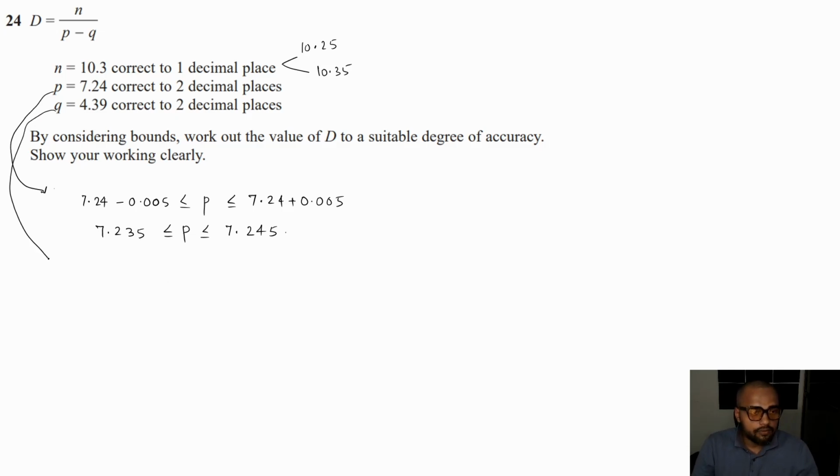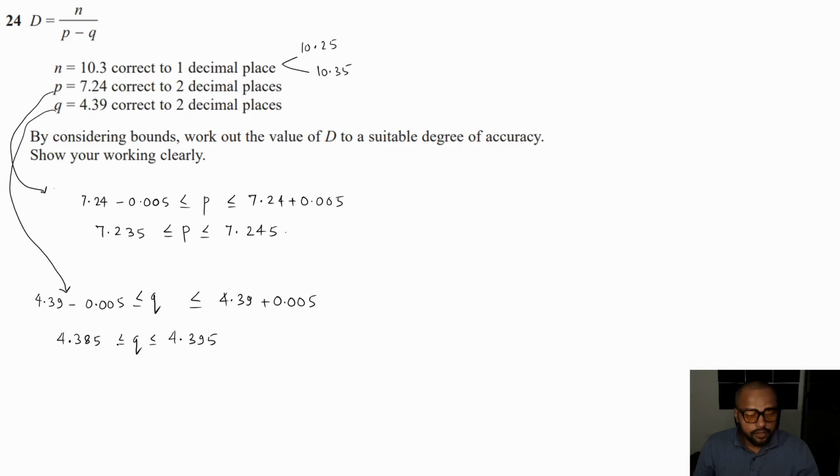Similarly, if I calculate it for q, q will lie between 4.39 minus 0.005 and 4.39 plus 0.005, so 4.385 less than or equal to q less than or equal to 4.395.